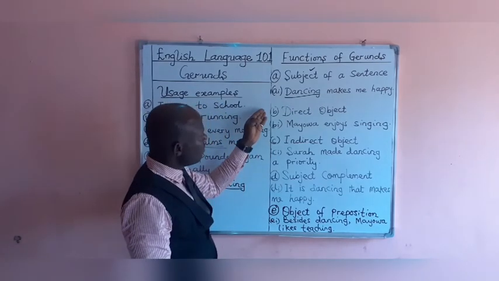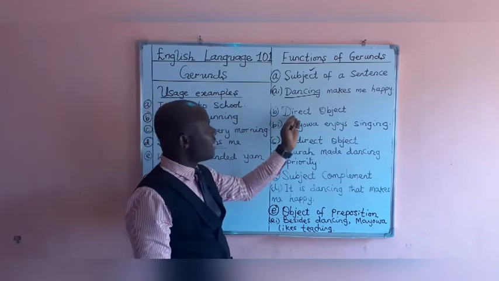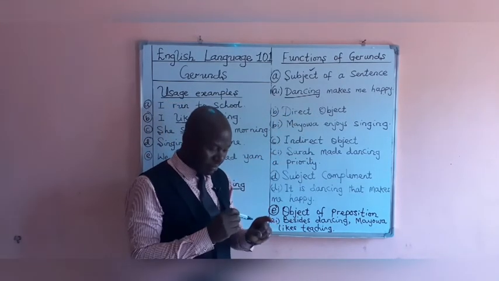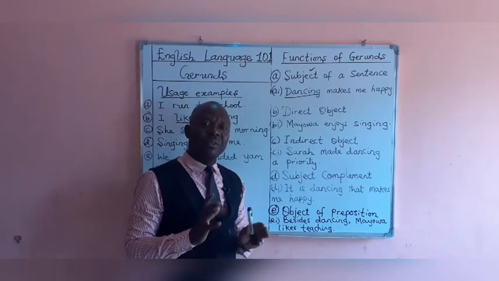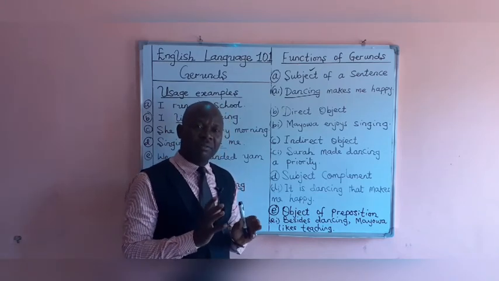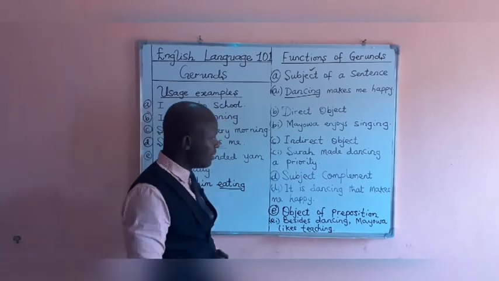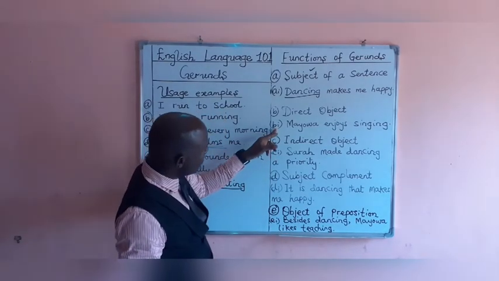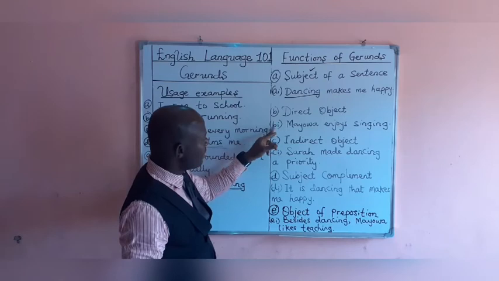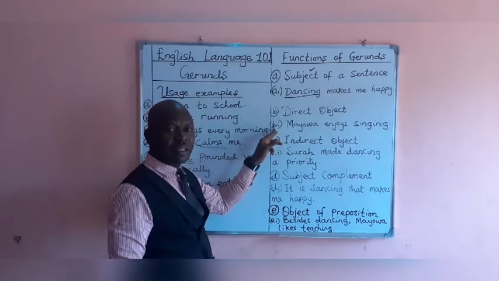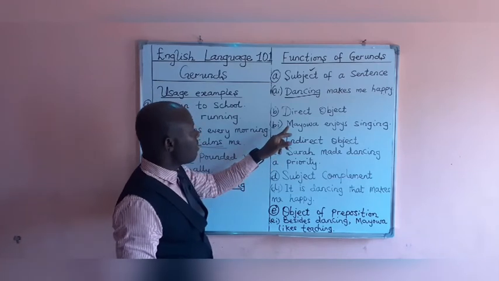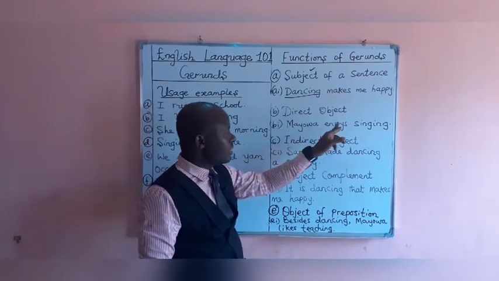If you look at the B part, B says direct object. Direct object is the thing or person that feels the impact of the action firsthand. Let's look at the example of that in the sentence. B1 has the example sentence. It says, Maiwa enjoys singing.